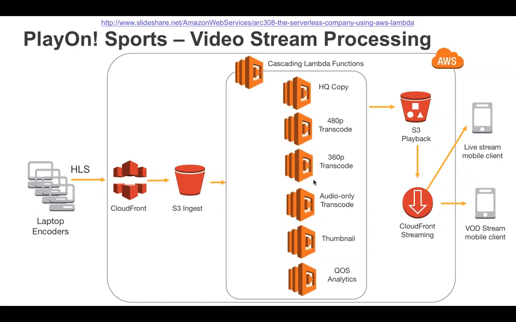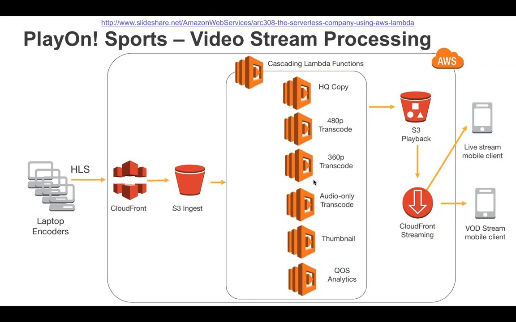So Play On Sports wants to transcode those large original media files into smaller, more discrete, more optimized files that customers are going to consume. So as the media is streamed in and stored on S3, this causes an event for a number of different functions to run. You can see in the center of the screen there is a master function, and a number of cascaded, more purposeful functions that transcode to different formats.